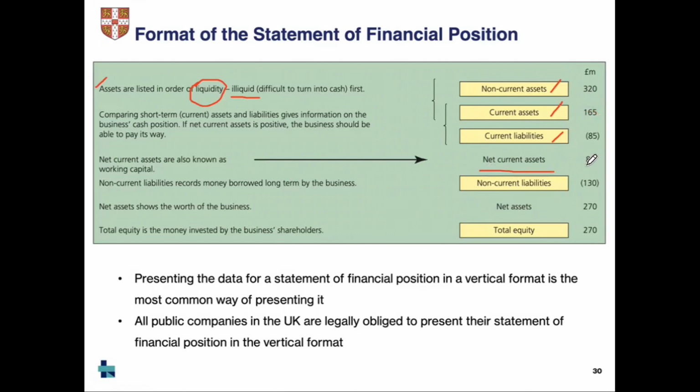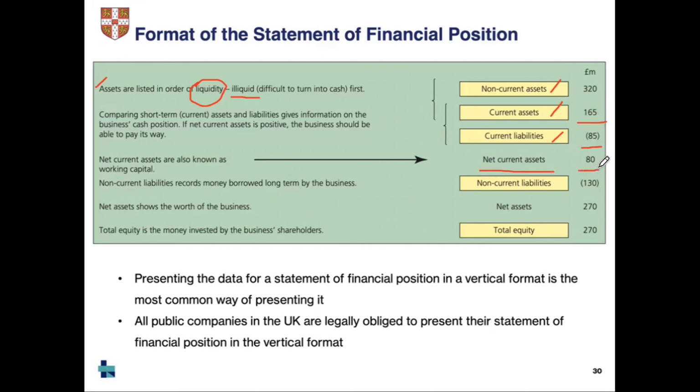So our current liability is 85 million pounds. Those represent our short-term owings, the things that we owe to our clients, to our suppliers, short-term loans that we have taken from the bank, etc. All right. So when we subtract our current liabilities from our current assets, it gives us our net current assets.